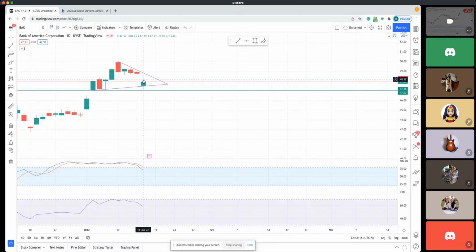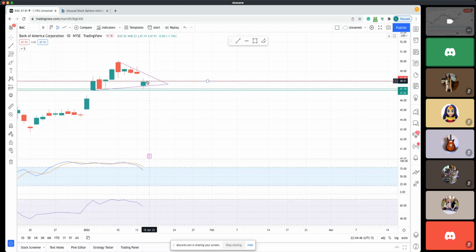So right here, the next candle will probably open somewhere, say right here at that resistance. So $48, right at 48. At 48, I would put a call.